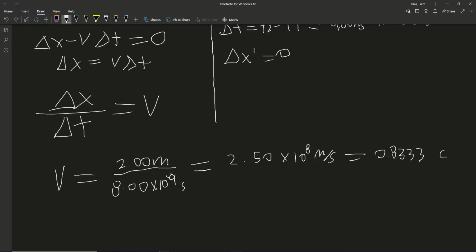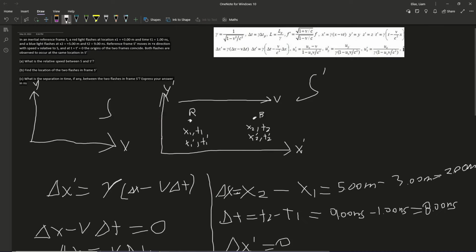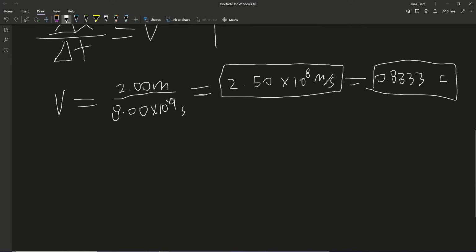If you're wondering how I got this value, you just divide this value by the speed of light, which is 3.00 times 10 to the 8 meters per second. Both of these we'll use later, so it's just nice to have it in meters per second as well as in terms of the speed of light. So this is our answer for part A. This is how fast frame S prime is moving relative to frame S.